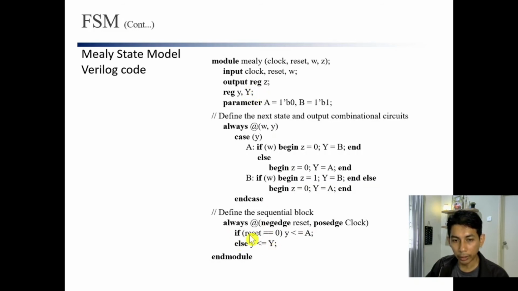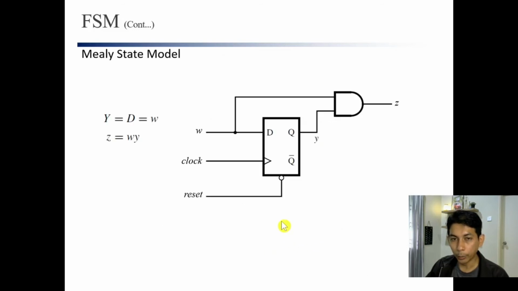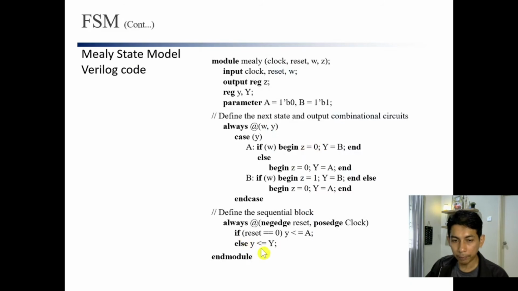All right, so if reset equals 0, we are at state A, and the y input here is equal to 0. State A is 0. But if reset equals 1, in this case, why is reset equal to 1 not reset? Because here we use negative edge reset, which means this reset is active low.